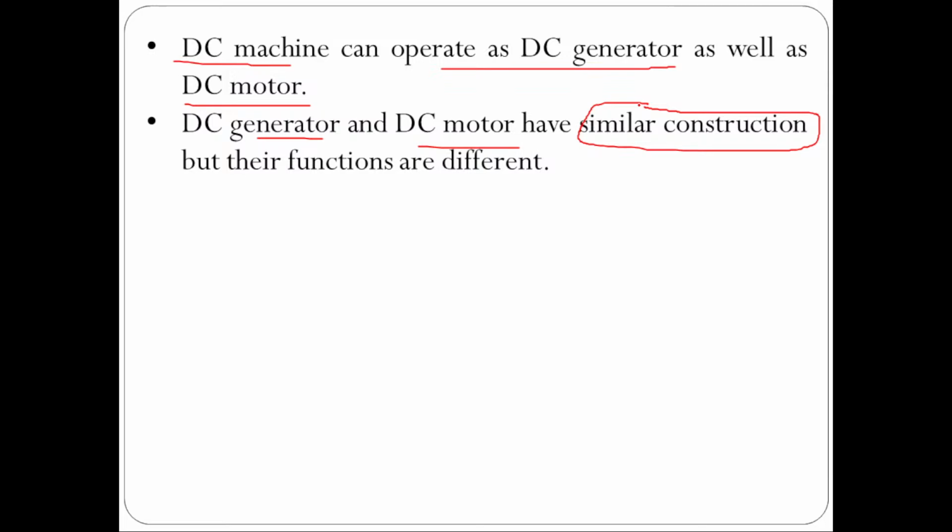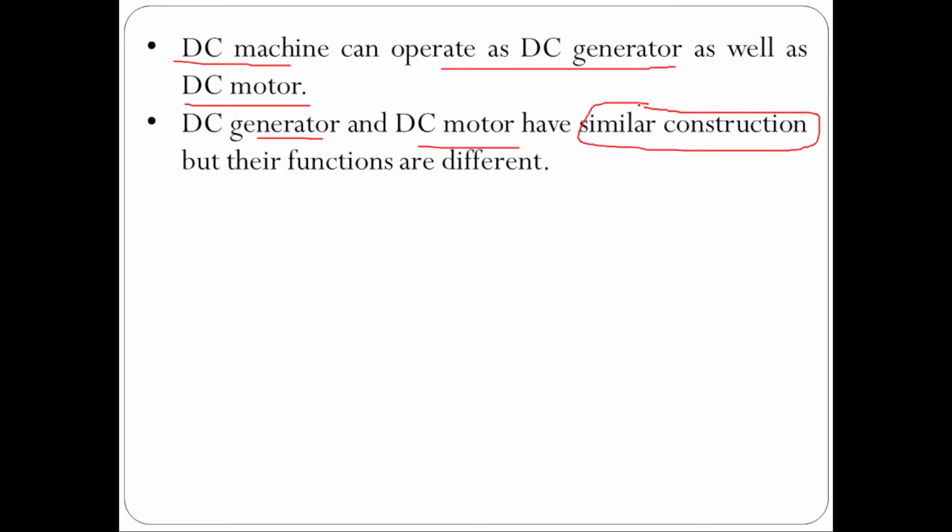Now everything has come into one device. So even though construction is same, the function of generator and motor will be different. The same machine you can use as a generator as well as a motor.